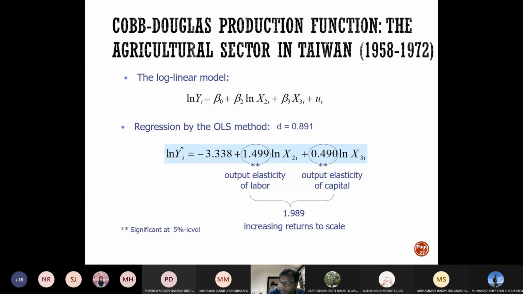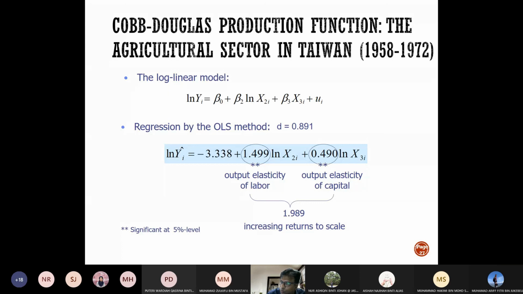So we can see that beta 1 is 1.499 and beta 2 is 0.490. Now we can see the trend, how it works: the output elasticity of labor and the output elasticity of capital.